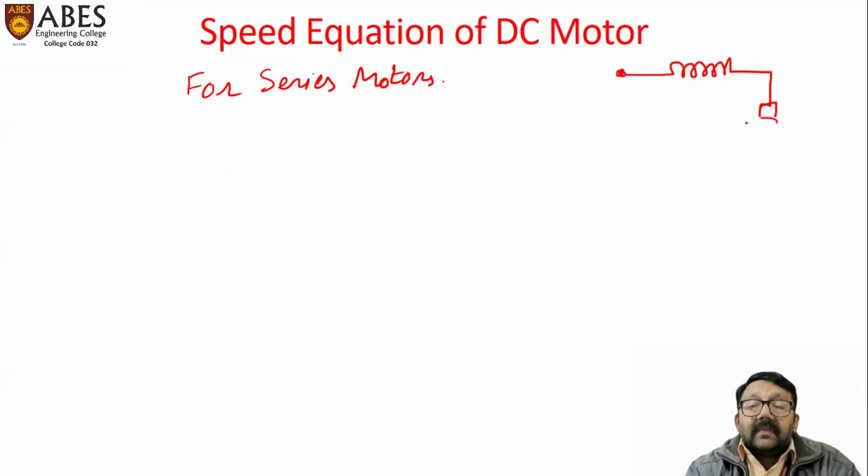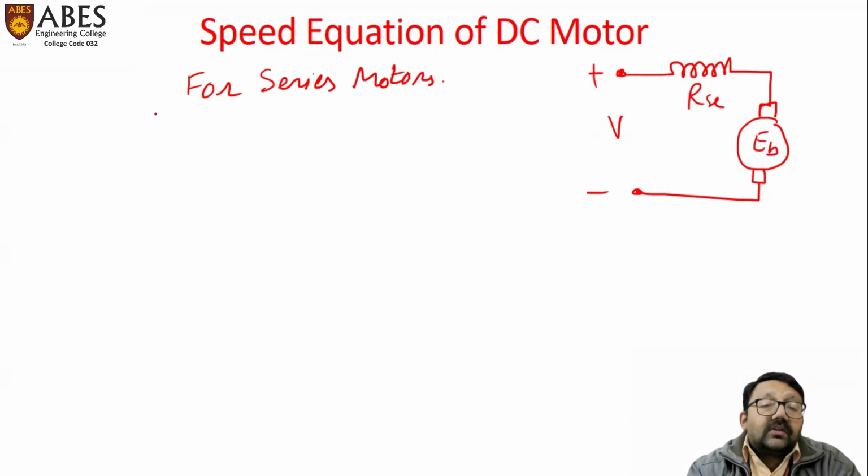This is the supply voltage. This is the series field. This is the back EMF. For series motor, all the currents are the same. Armature current is equal to the field current is equal to the line current.